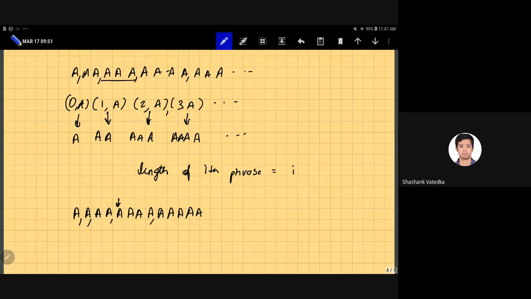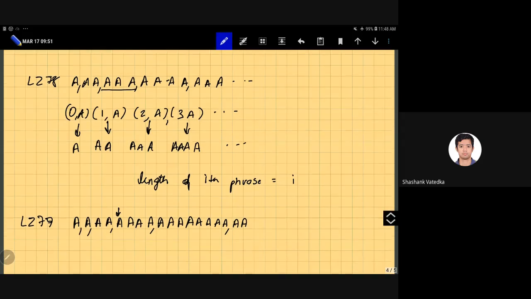So it is 4 A's. And what is the length of the next phrase? 8 A's, right? And so on. So the parsing obtained using LZ78 and LZ77 are going to be quite different. All right. Any questions?